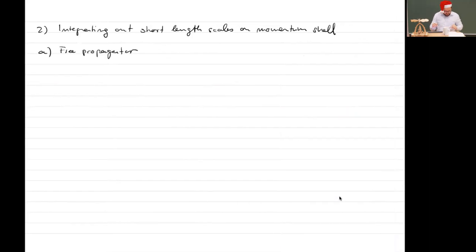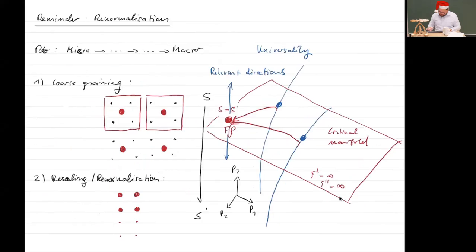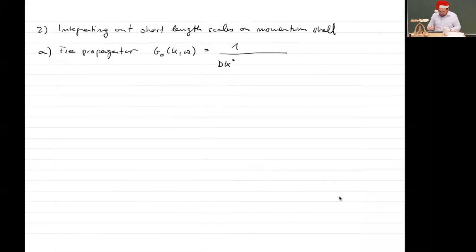Okay, so the free propagator is G naught of k, omega, which was just defined by, we use k or q? k, okay, d k squared, it's just a definition, minus kappa minus i tau omega.